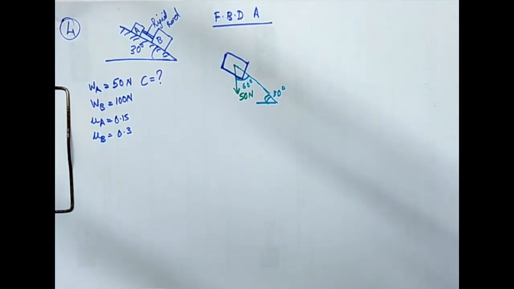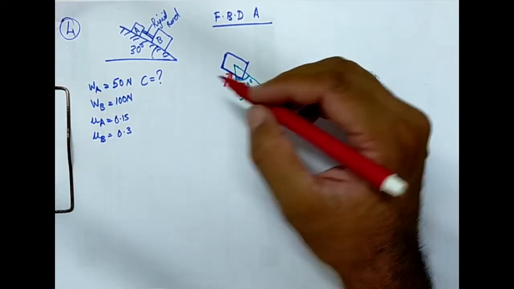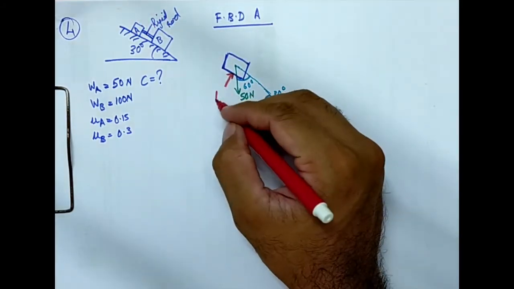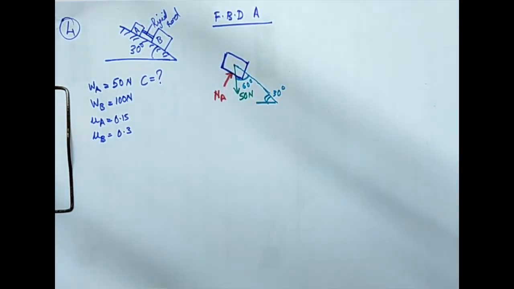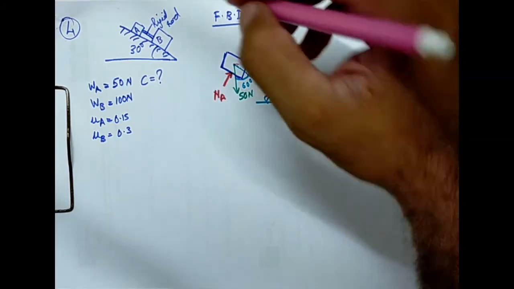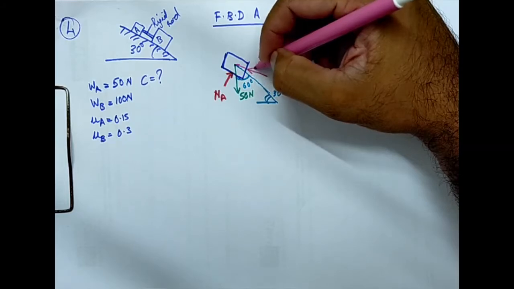Now reaction will be there. Reaction will be normal to the surfaces in contact. Here the surfaces in contact are the slope surface and block A, so I'm calling it NA. And the rigid rod is there. The rigid rod is applying a force which is compressive in nature.